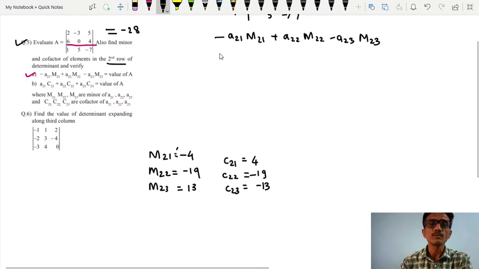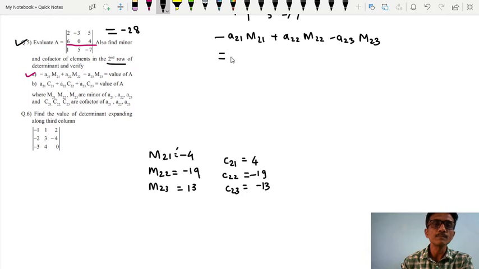This is equal to minus of a21. What is a21? a21 is 6, into M21. M21 is minus 4. Then a22 is 0, so whatever it is, it will be 0. Then minus of a23. What is a23? a23 is 4 here, into M23, which is 13.